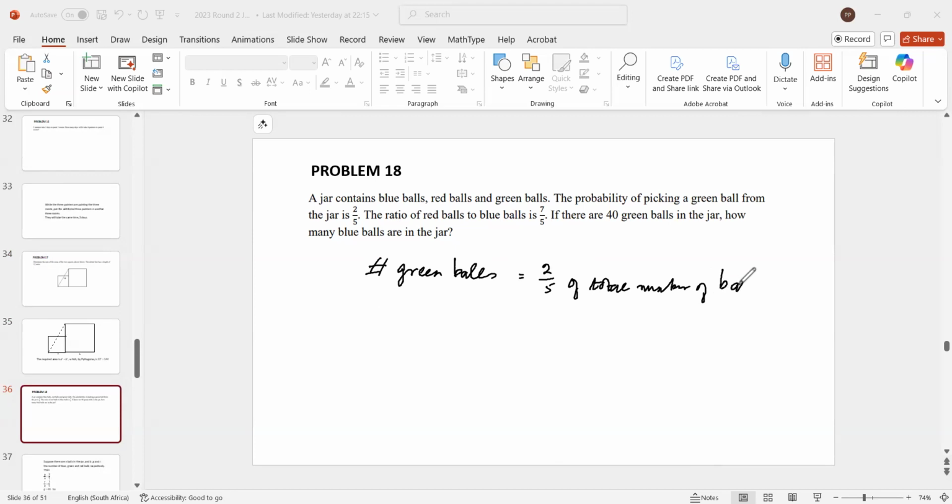We are not told what the total number is. So the number of green balls is 2/5 of the total. Then it's only then will you get that the probability of picking a green ball is 2/5.